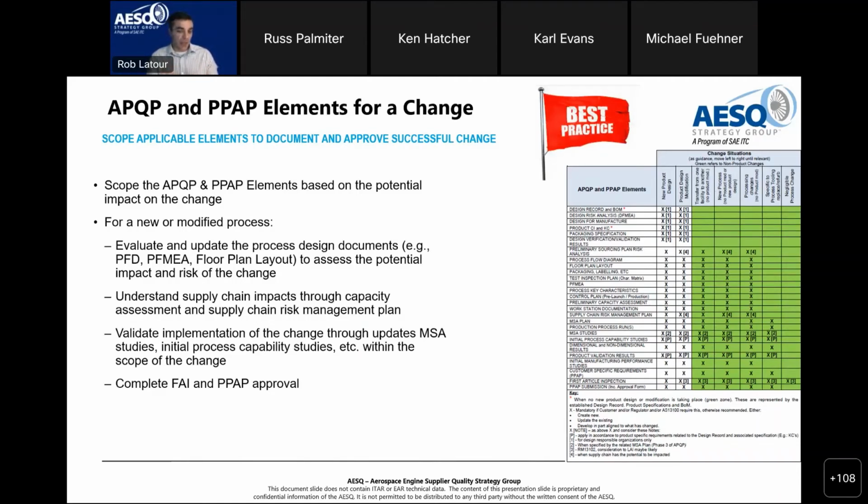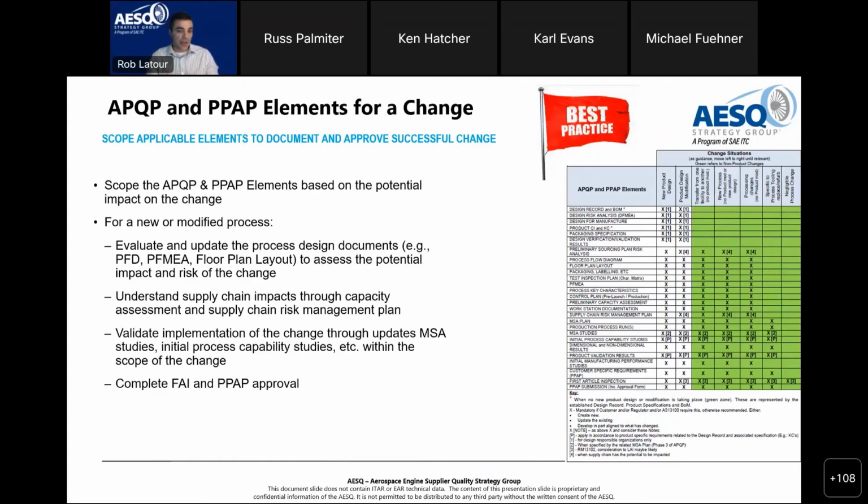So those elements will not be updated and are not expected to be worked. However, as you get into the process, design and validation elements, you start to see the applicability come into play. And that's where the team needs to think about what is the configuration necessary of these elements to match the change that we are making.